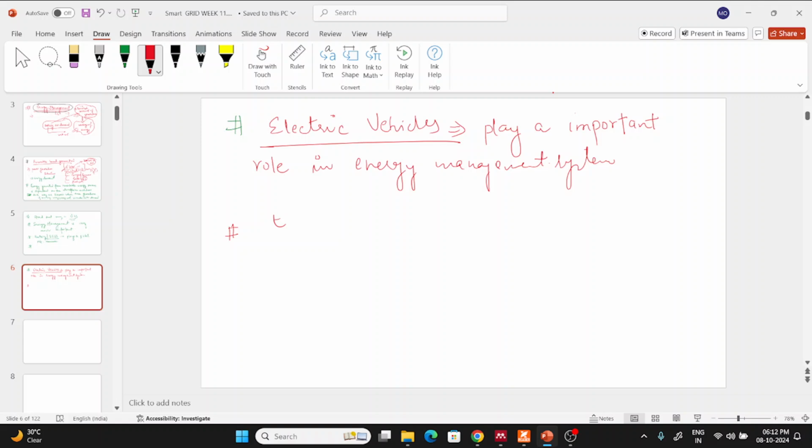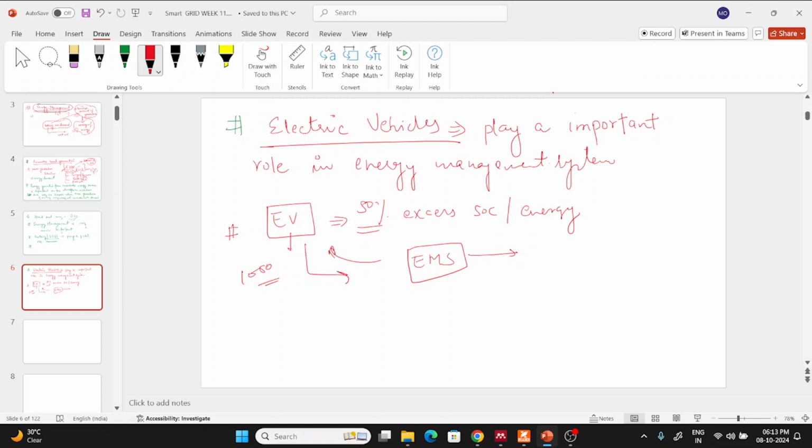For example, if there are 1000 EVs in a system, and let's say 50% of these EVs have excess SOC, or excess energy, and there is a peak load in the grid, the energy management system allows these EVs to send back the extra energy.